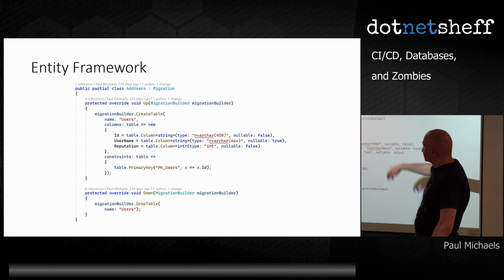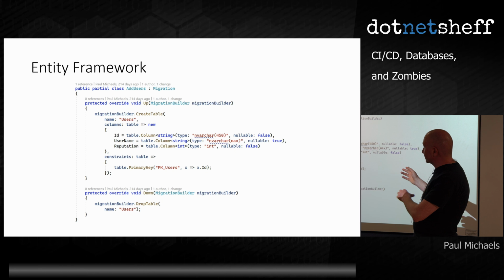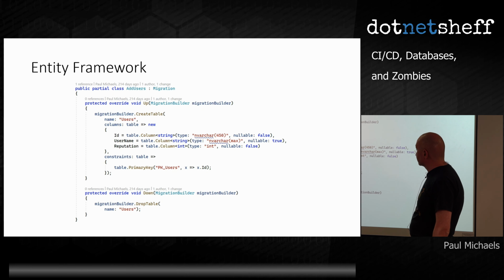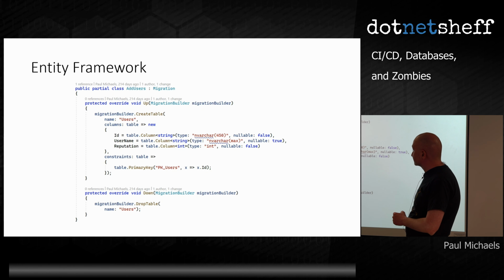And it does it by using these migrations. So you add a migration and it'll create this for you. So this is generated code, which you can change if you choose, and then you can run those migrations, and it'll change the database for you.